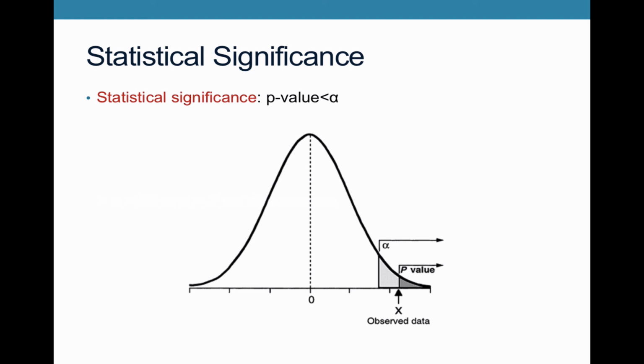So if you get a p-value of 0.03, and you said you were going to accept at 0.05, well, 0.03, a 3% chance that it's just due to chance, is less than a 5% chance. So you say, well, that's within the range that I'm willing to accept. This is where you say you have statistical significance. This is, say, 0.05, and here we got something that's 0.03. And so we say, okay, we're fairly confident that this is not simply due to chance.